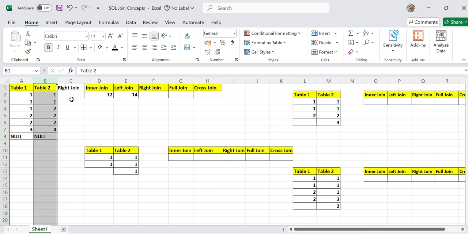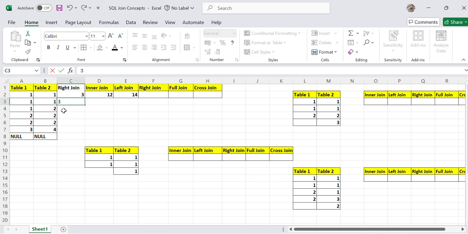So 1 comes three times, this one is also three times. This 2 comes two times, this 2 comes two times, and this 2 is also two times.